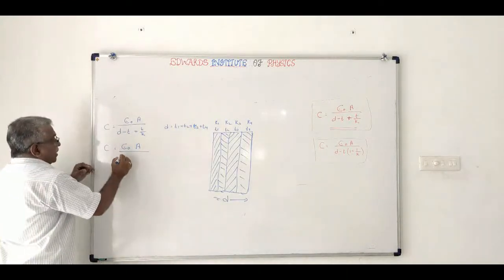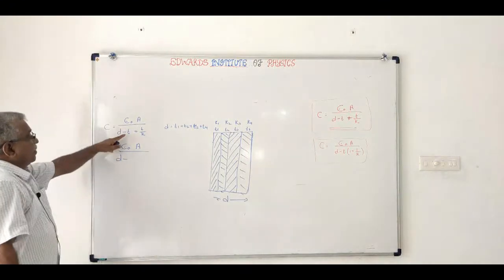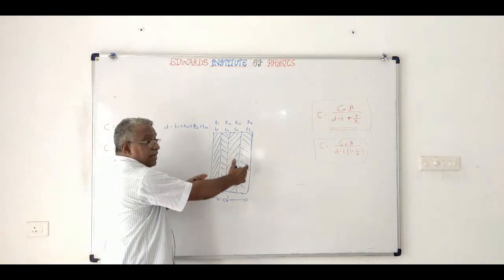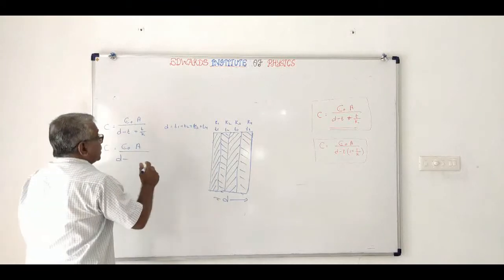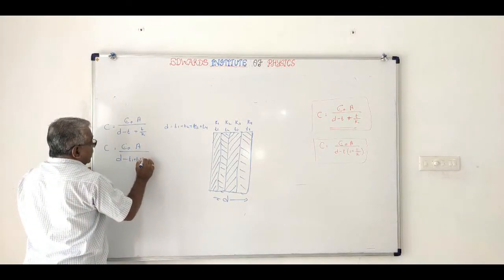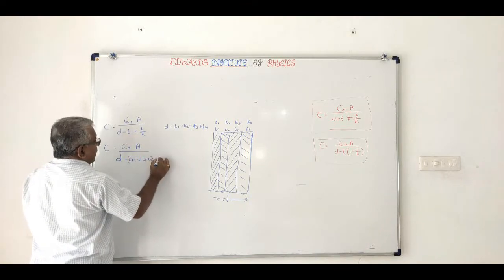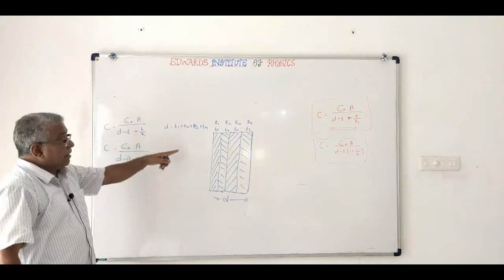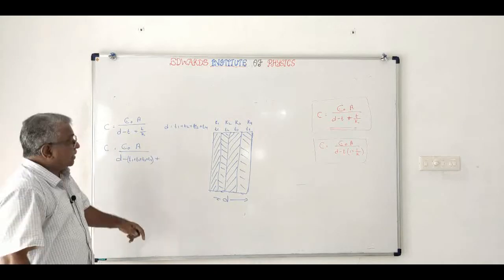So instead of here I have to write D minus T, what is T? T is the thickness of the total dielectric, so it is T1 plus T2 plus T3 plus T4. Here there are 4 dielectrics or any number, n dielectrics, you imagine like that.